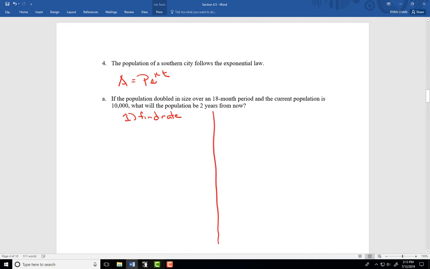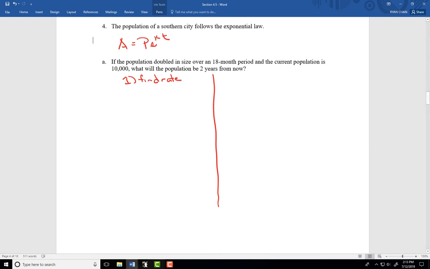The problem is you can't really answer a lot of these questions if you don't have the function to begin with. So we're going to create our function, which is a is equal to p e to the kt. So 10,000 is p. k we don't know. Now, it says it doubles in size in 18 months. So I'll put 18 for t.